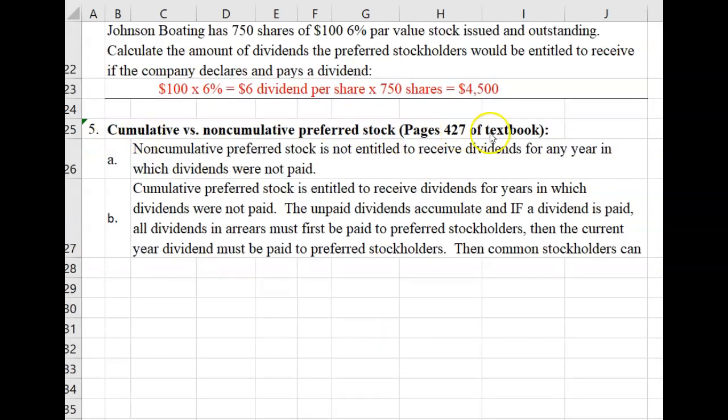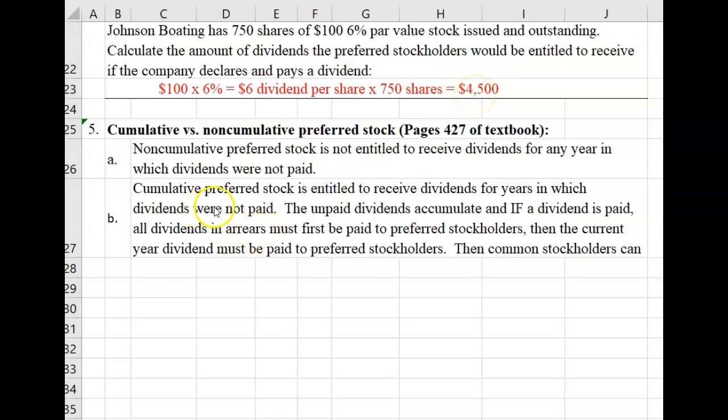Page 427 of your textbook also talks about cumulative versus non-cumulative preferred stock. And this starts to get fun. Non-cumulative preferred stock is not entitled to receive dividends for any year in which dividends are not paid or in which dividends are not paid in an amount sufficient to satisfy the obligation to the preferred shareholders.